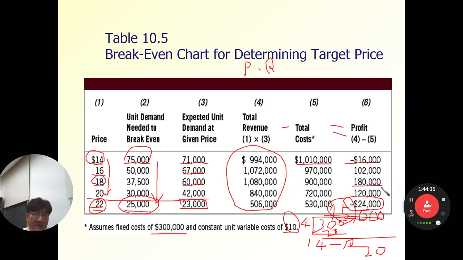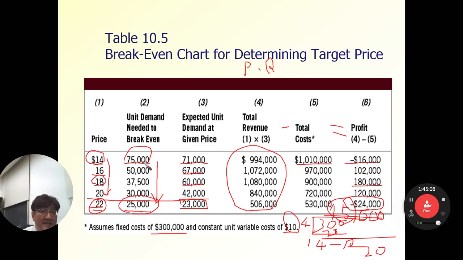However, there are lots of other goals for pricing. Maybe you want to quickly increase your market share, even if you cannot reach the break-even point. You just want to expand your sales in a short time. If that is your goal, then maybe the maximum sales point is going to be your optimal price point.